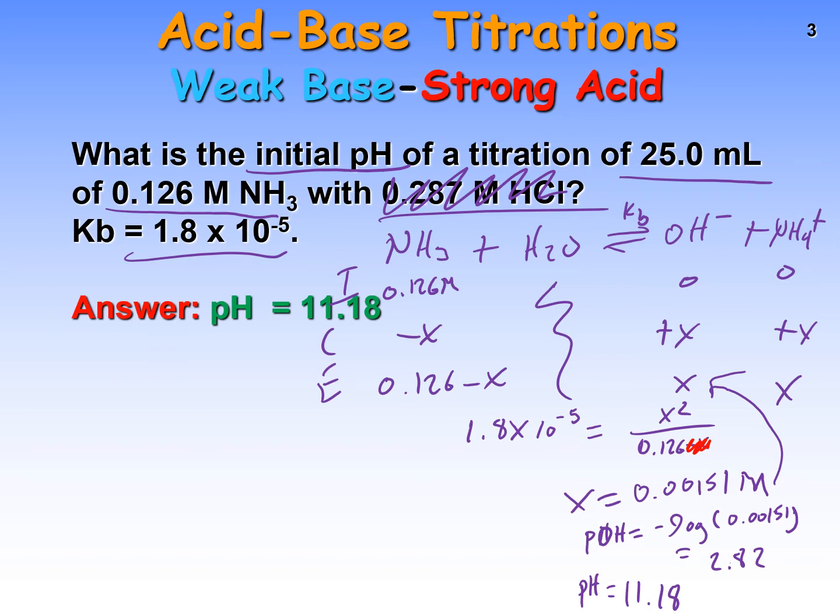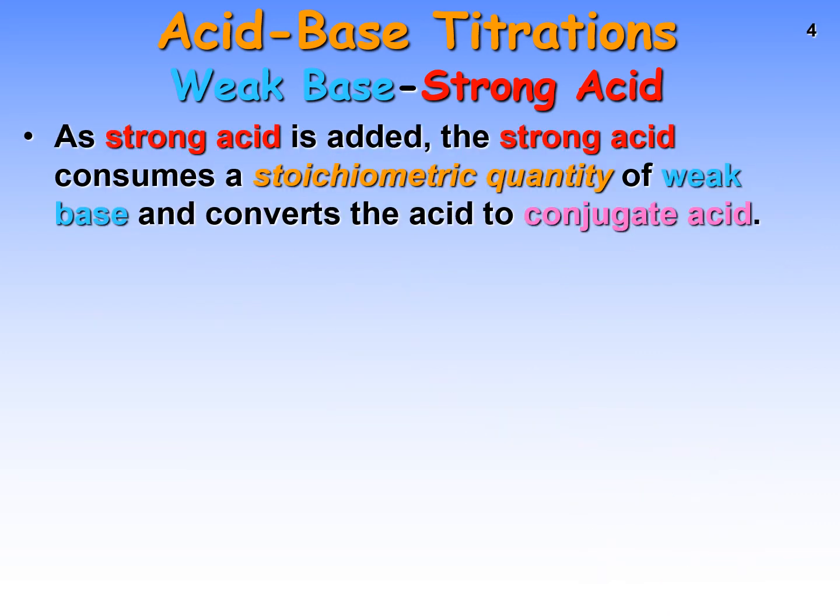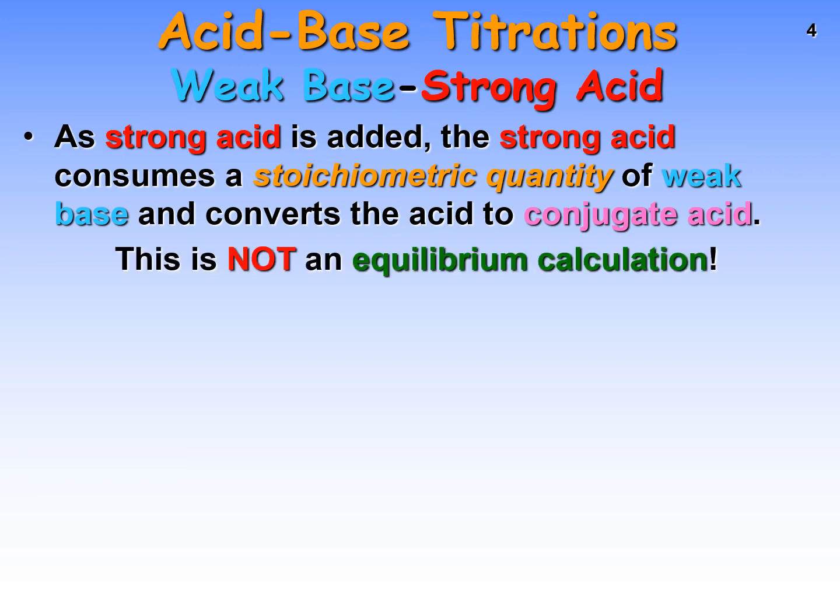So let's look at the next area of our titration curve, where once we start adding strong acid, it's going to start consuming some of the weak base, because acids react with bases. This is going to convert a small amount of the weak base to its conjugate acid. In other words, we're making a buffer in solution.